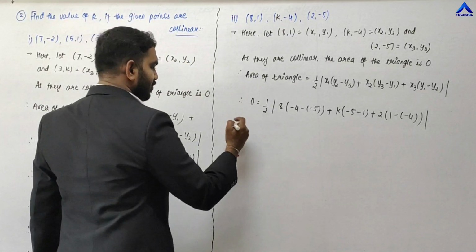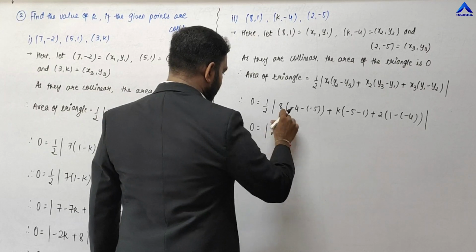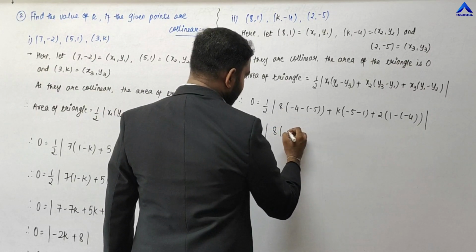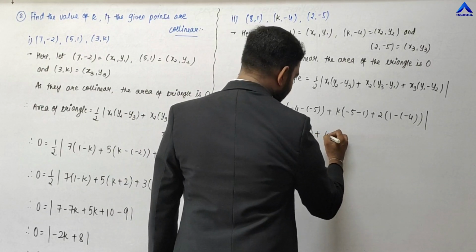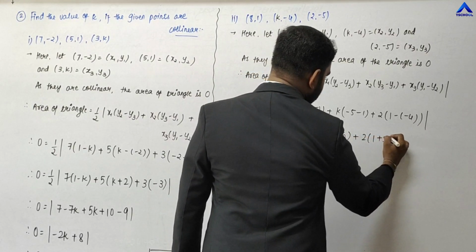So this half will go, that will become 0 equals modulus 8 into minus 4 plus 5 plus k into minus 6 plus 2 into 1 plus 5.